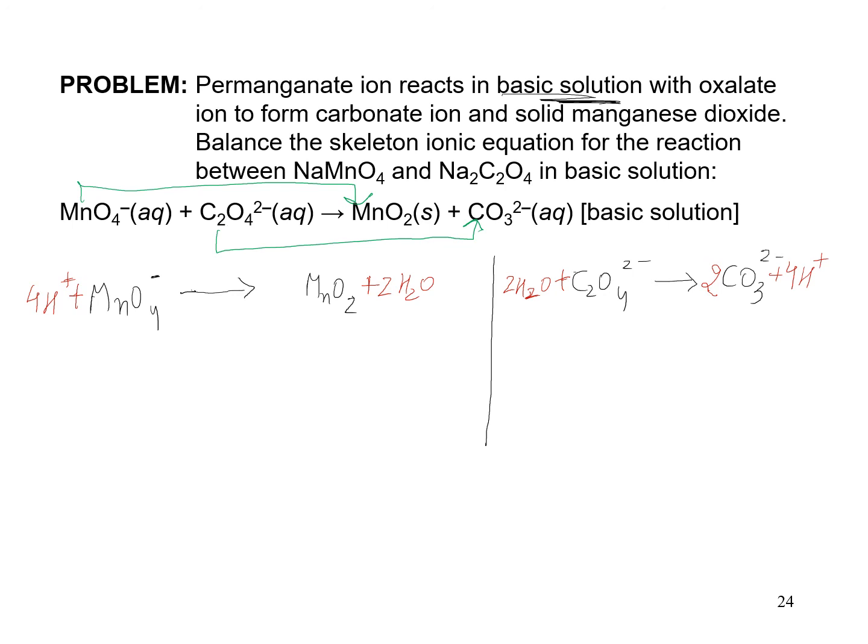Okay. Next, we move on to the next step, which is balancing the total number of charge by adding electrons. So let's first figure out what is the charge on this side. Well, the first half, the total charge here is 4 protons, so 4 times plus 1, manganese, which is -1, which gives you a total of 4 -1, which is plus 3. How about the other end? The other side is, this is neutral, right? So it is 0. Plus this is also neutral, so this is 0.